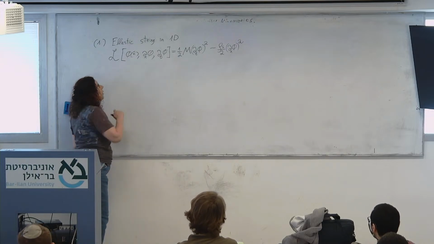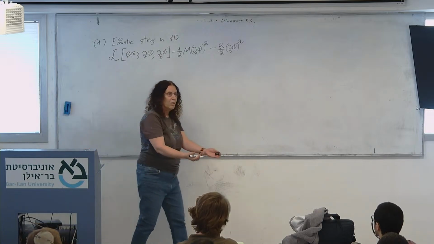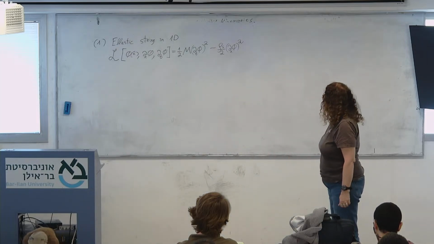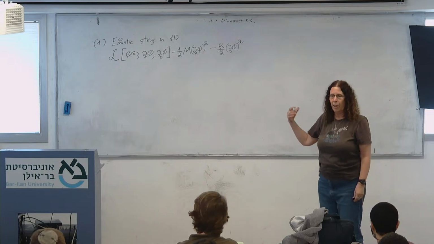So that was a problem where we started from just knowing how to write the Hamiltonian for a classical system on a discrete chain, and we went to the continuum limit.